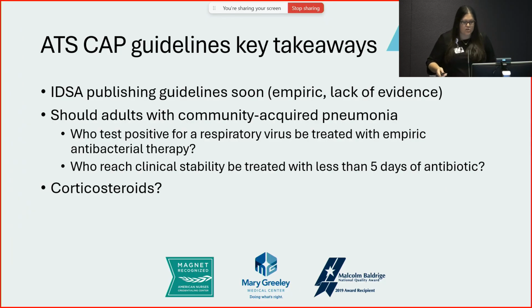It's a little controversial, leading to overuse, so jury's still out maybe. And then some patients can be treated with less than 5 days of antibiotics, but those with the severe should definitely get 5 or more days. And then add corticosteroids in severe CAP.